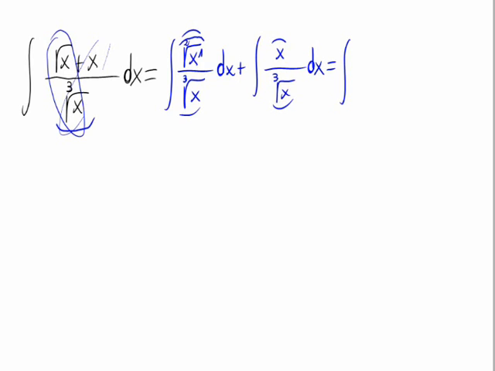So we would have x raised to 1/2, as it is a square root, a root of index 2, so we will have denominator 2, and the cube root would be x raised to 1/3, plus the second integral would be x stays the same, and the denominator would be, of course, x raised to 1/3.